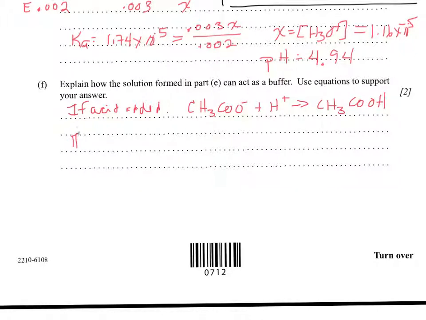If base is added, your acid is going to react with the base to form the anion and water. Okay, and that will give you the 2 points. And that's the end of this problem.